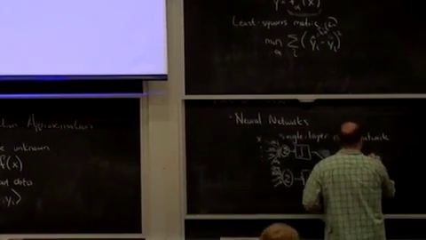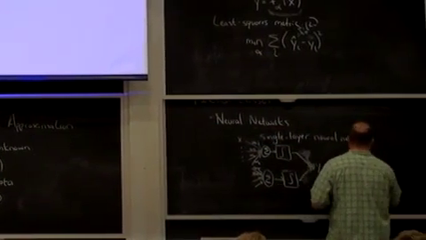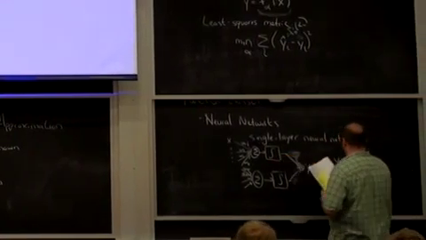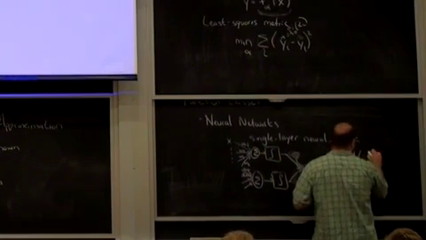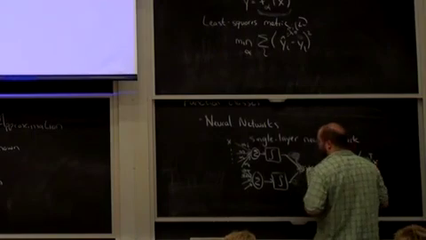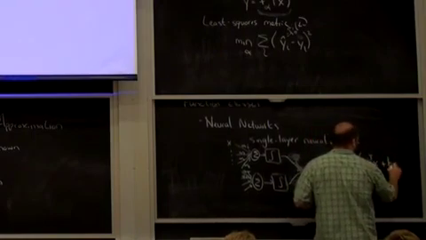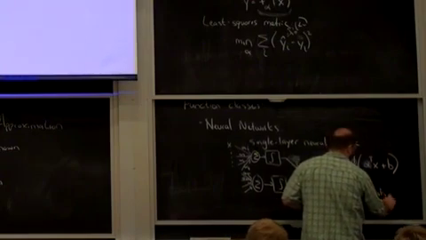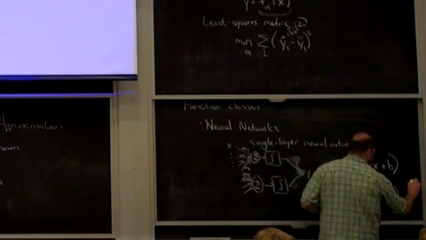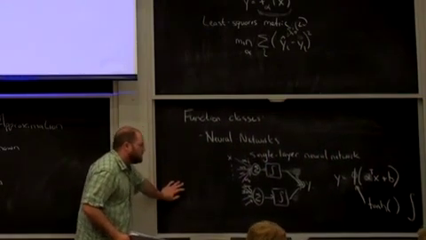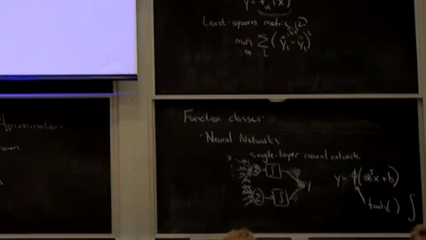So your function might be some squashing function, this nonlinear function, times a weighted combination of the inputs, potentially plus some baseline or something like this, where this is tanh or some function like that that does a sigmoid.